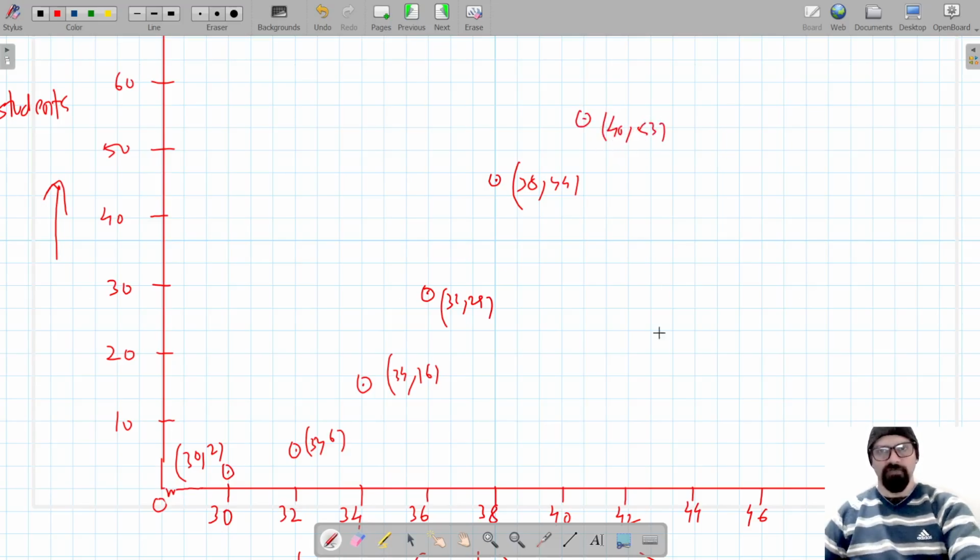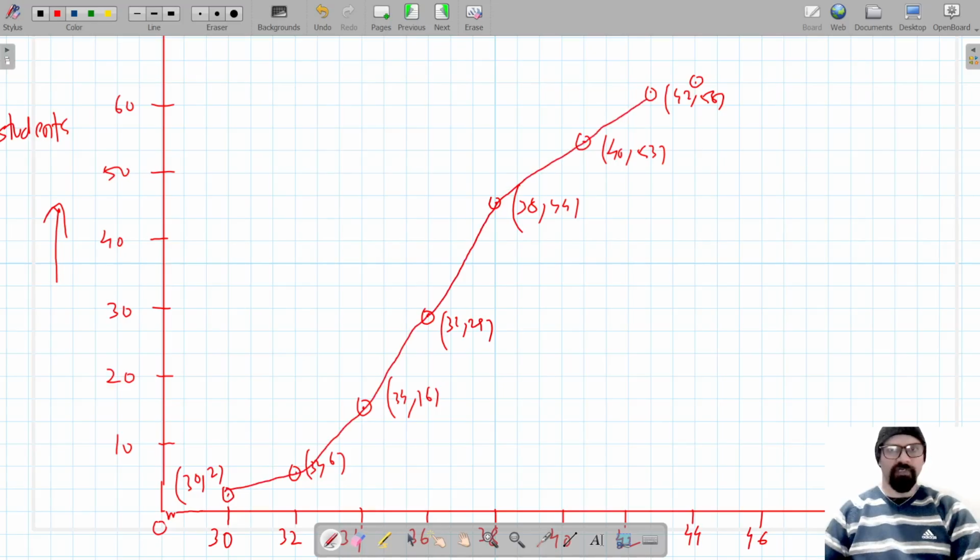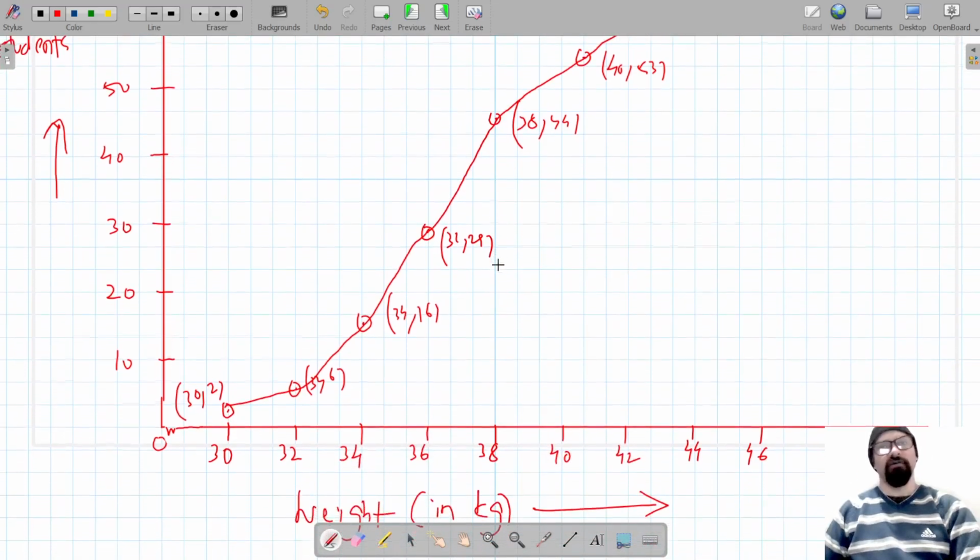The next one is 42 and 58. And then 44 and 60. So if I draw a freehand ogive, it will look somewhat like this.